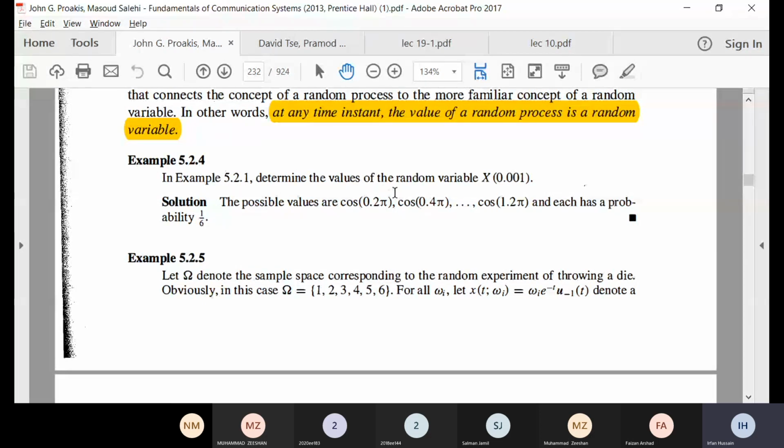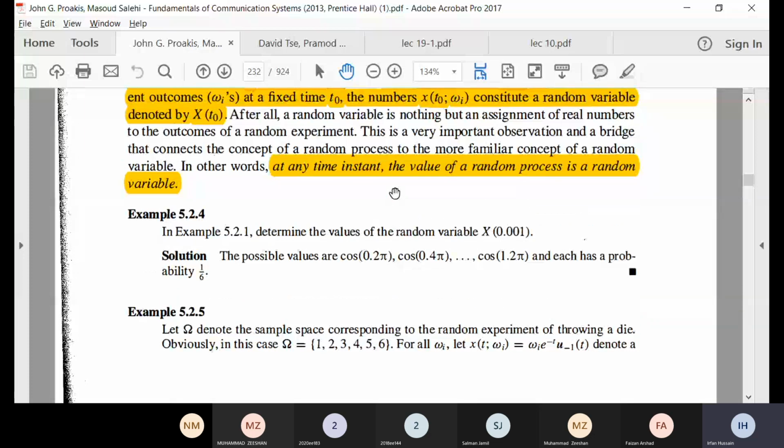So we learned in the last lecture that a random process is actually a mapping to a signal for every outcome from the sample space of a random experiment.